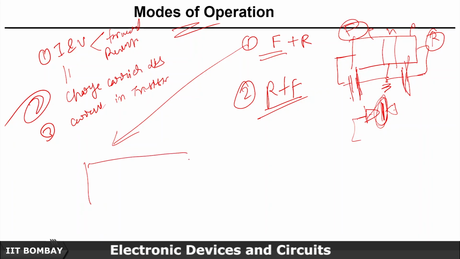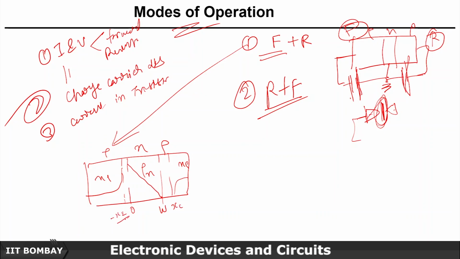As we have already seen for the PNP case, let's say this is our depletion region here, and this is our depletion region here. So in this case it goes this way, in this case it goes this way, and in this it goes somewhat like this. So this is Pn, this is Np, this is Pn. Let's say this is 0, this is W, this is Xc, this is minus X: emitter, base, collector.